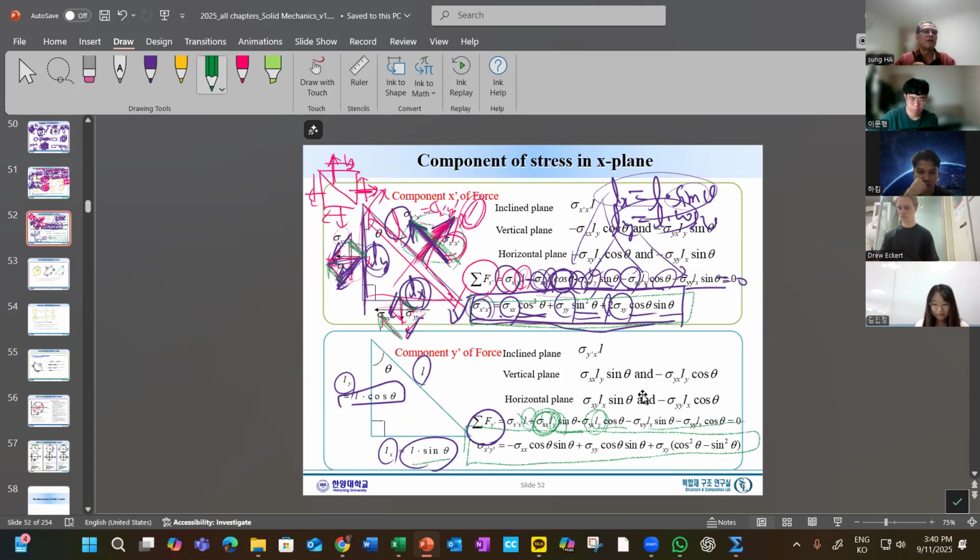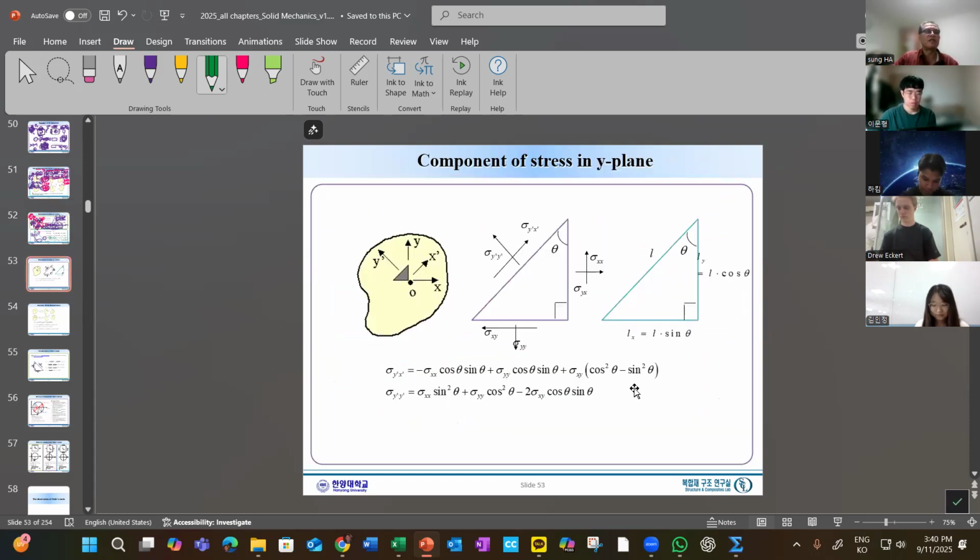Instead of this triangle, we can consider this triangle as well. So now we can do exactly the same. Repeat what we learned. Y prime and this equilibrium means that we have this force and this force, and this force and this force.